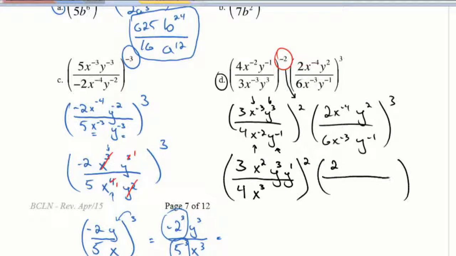I still have 2 over 6, which can be simplified, which I'll get to in a second. x to the negative 3 here from the bottom goes to the top, becomes positive. Sorry. I have x to the positive 4, which was on the top, and I bring it to the bottom. I have y to the 2, and then y to the 1.